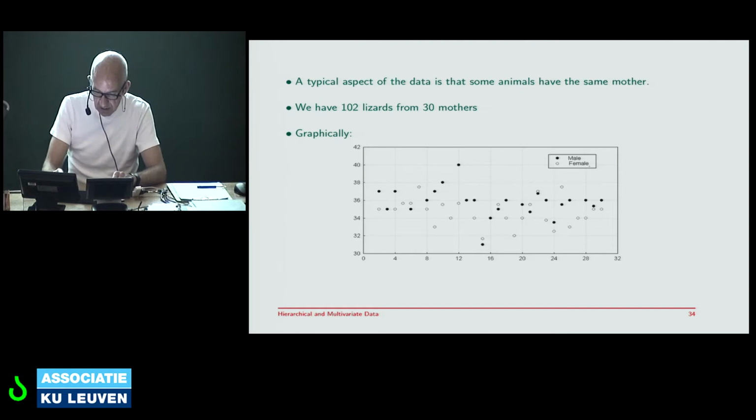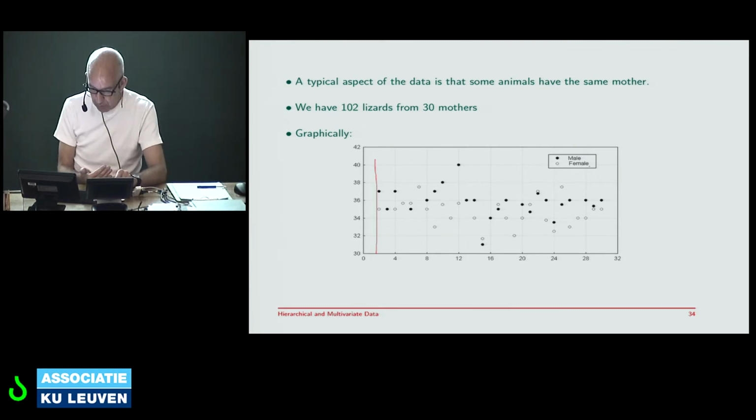However, as I said, in this index plot it becomes clear there is clustering. In other words, for every vertical line, so I'm referring to all points that lie on the same vertical line, there is a single mother. So unlike in the previous example, where the mother-child combination was unique, with one mother and one daughter, here we have for every mother two, or sometimes one, or sometimes more offspring.